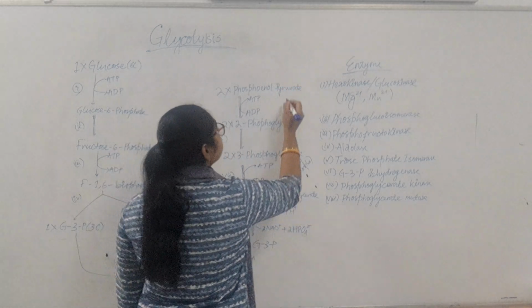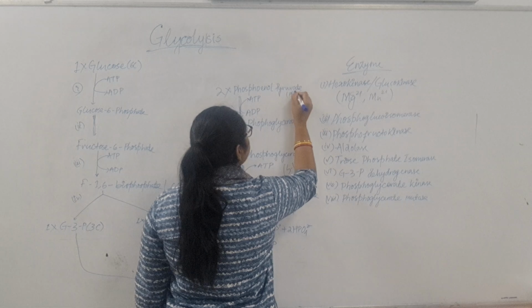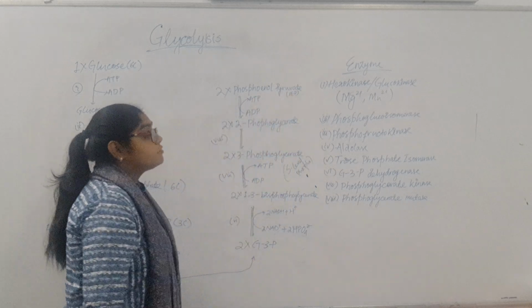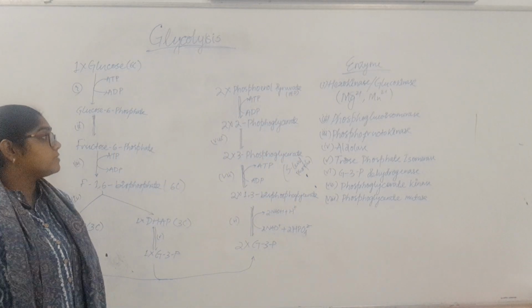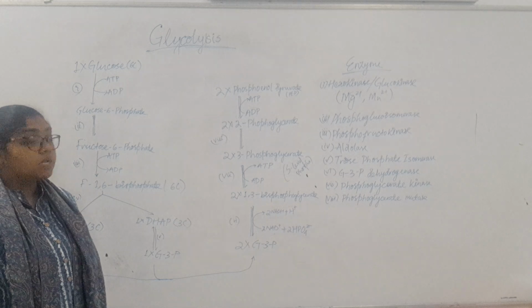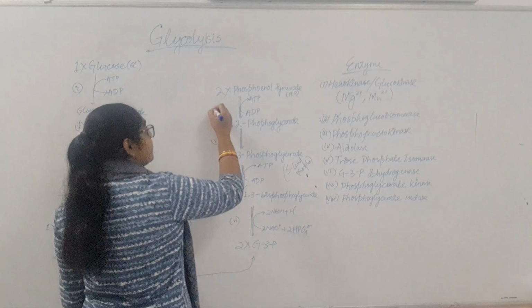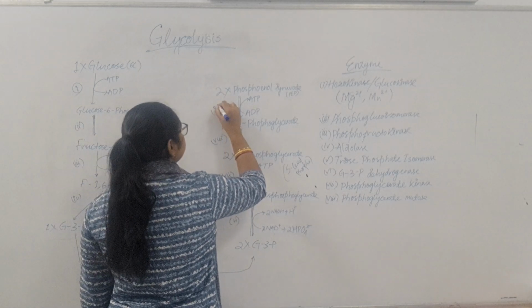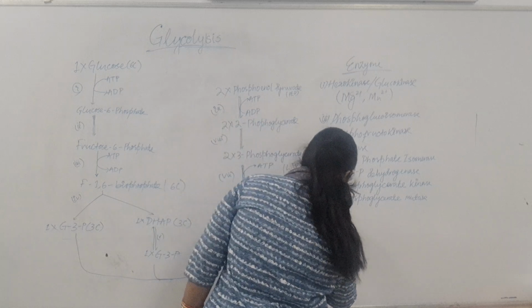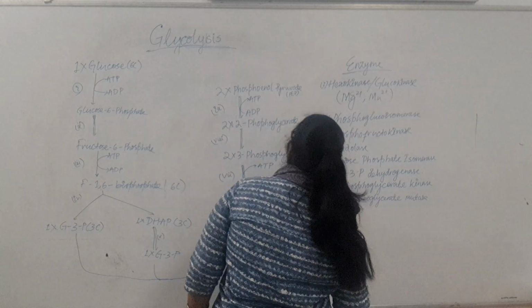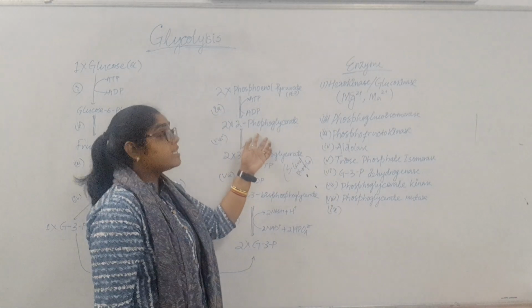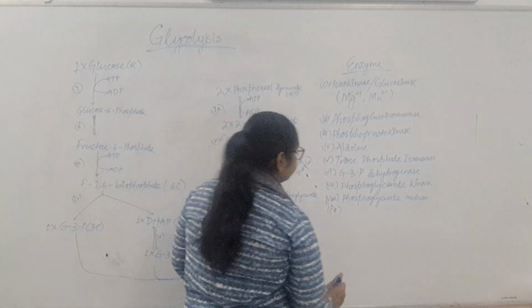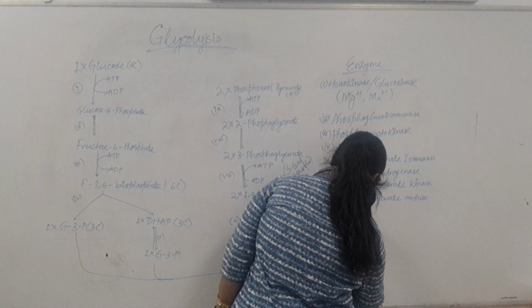It will convert to phosphoenol pyruvate, and this is also a substrate level phosphorylation process. And the enzyme responsible here is enolase. The enzyme responsible for conversion of 2-phosphoglycerate to phosphoenol pyruvate is enolase.